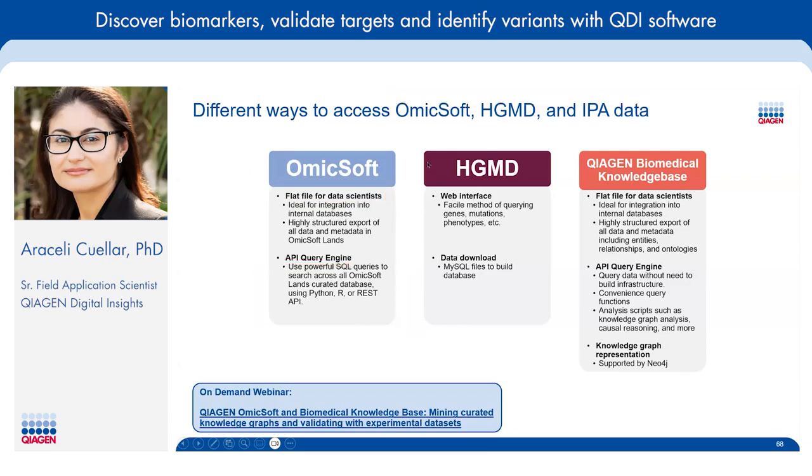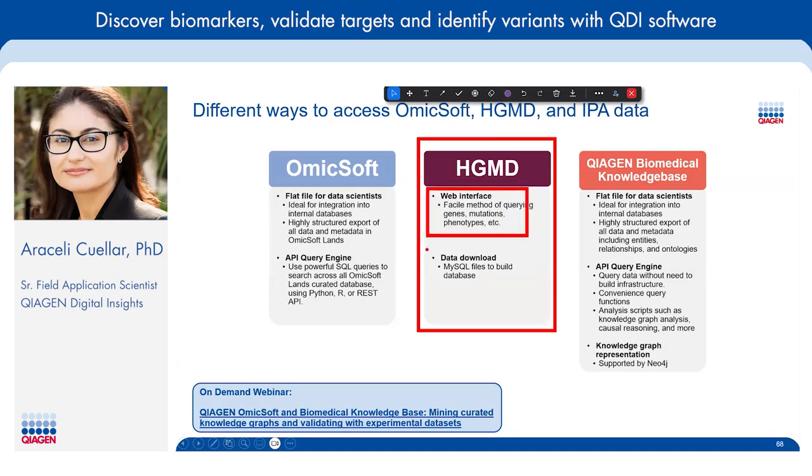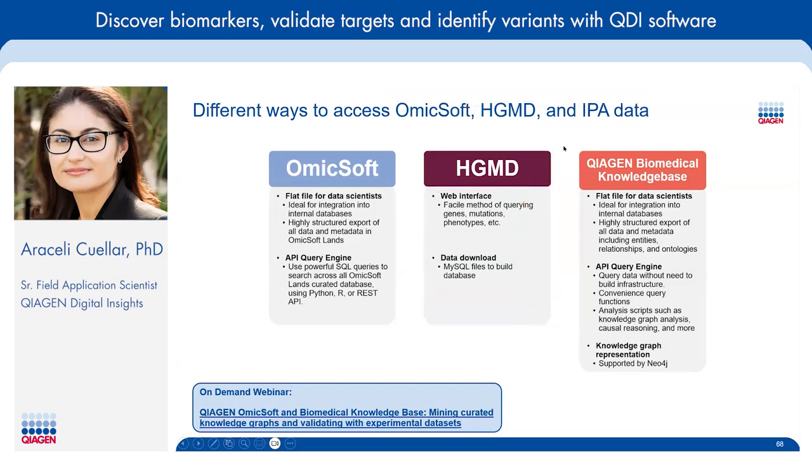Now, for HCMD, we did use the web interface, but you can also download the data that makes up the database and build your own MySQL database to access all that variant information.